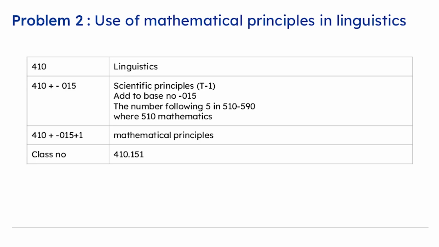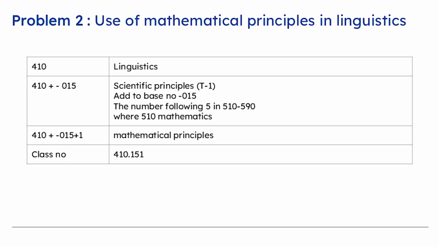The instruction is the number following 5. This 5 means science, and in -015, here also 5 means science. That's why the instruction is such that we have to add the number following 5, means after 5. So, after 5 we see 10. After 510, we have to add only 10.